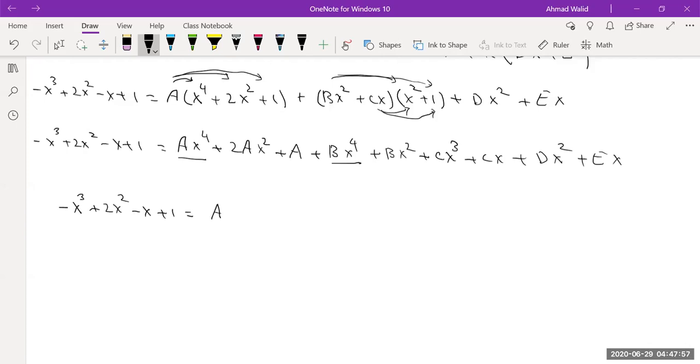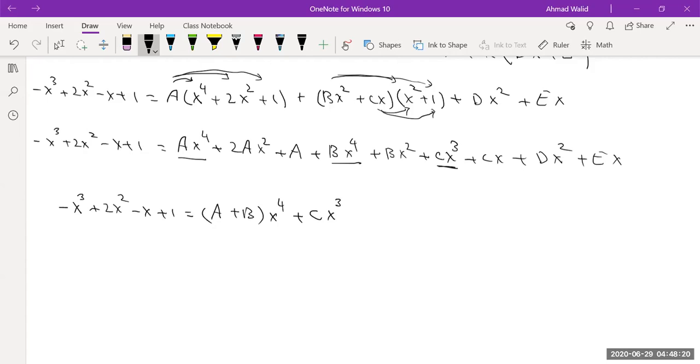I can write a plus b, and I can factor x to the power of 4. Correct? Plus, after power of 4, I'll put power of 3. I have cx cubed here, and I don't have x cubed anymore. Then I'll put here cx cubed.